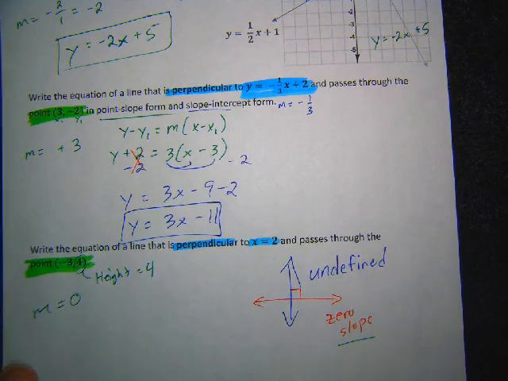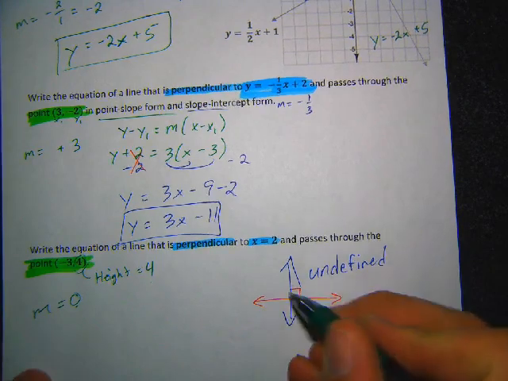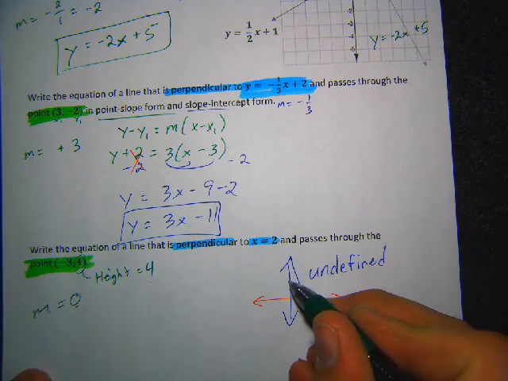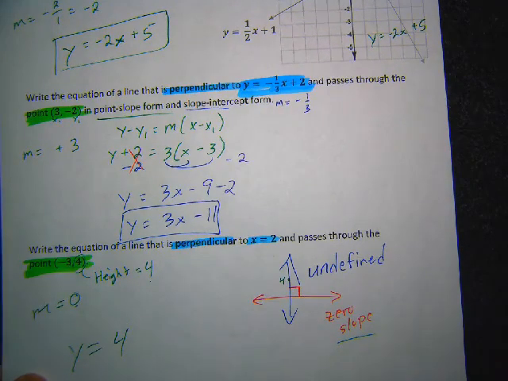So we know that this line with 0 slope that's 4 high is going to cross the y-axis at 4. And so it's going to be the value y equals 4. If you think about it, the slope is 0. So if you put a 0x in here, that would go away.